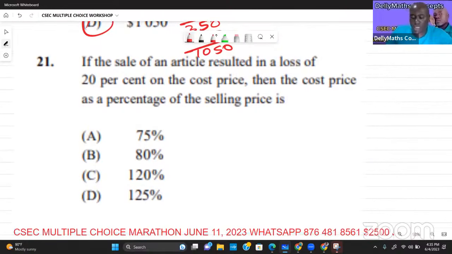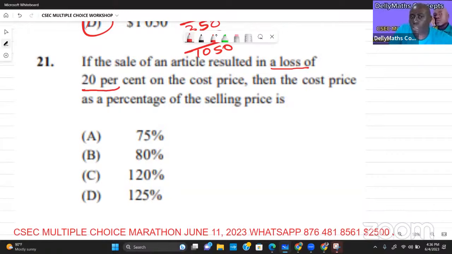They're saying that if the sale of an article resulted in a loss, so this is a loss of 20%, which means you're selling the thing for 80%, all right? 80. Now, here's what they're saying. Then the cost price, as a percentage of the selling price, is what?